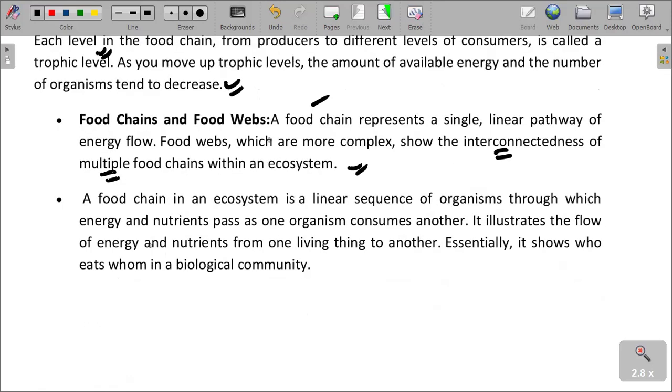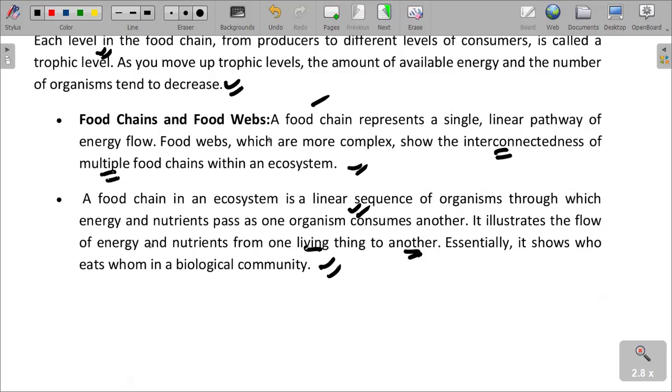So a food chain in an ecosystem is a linear sequence through which energy and nutrients pass as one organism consumes another. It illustrates the flow of energy and nutrients from one living thing to another. It is essentially showing who eats whom in a biological community.